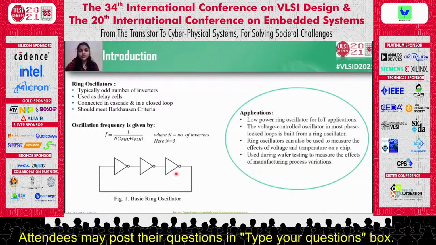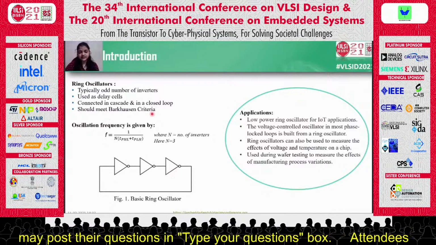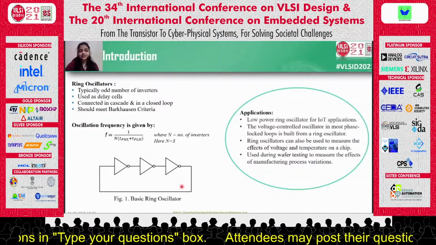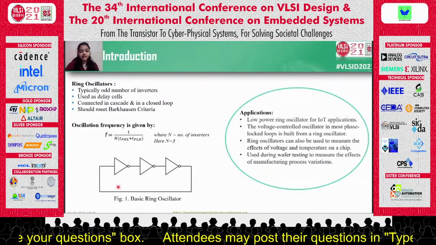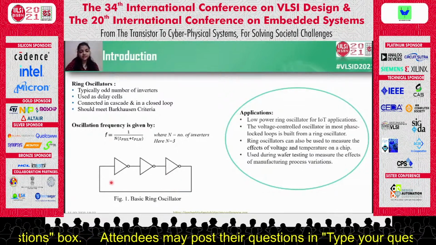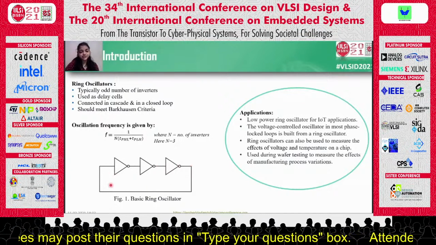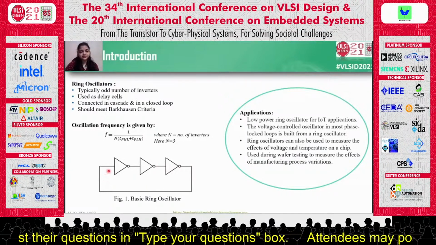Mathematically, a system to oscillate should meet the Barkhausen criteria. The Barkhausen criteria says that the loop gain, that is the magnitude of A beta, should be equal to 1 and the phase of the loop should be equal to 0 degrees or 360 degrees. That is, the feedback signal should give 180 degrees of phase shift.